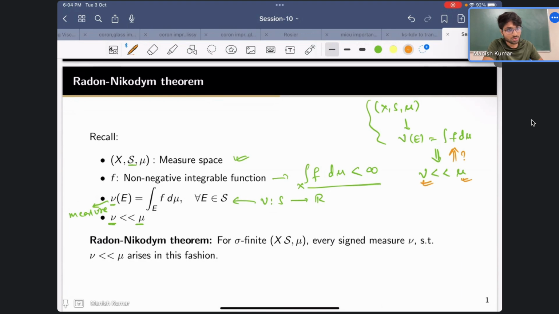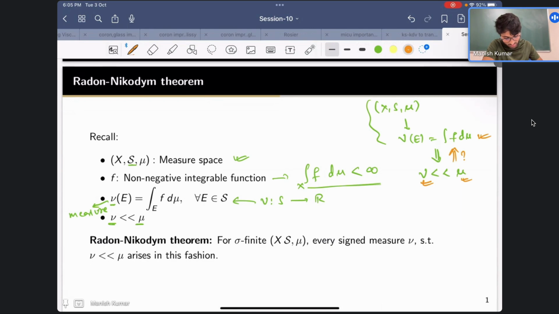The Radon-Nikodym theorem says that in fact it is possible. There will exist some function f such that this will happen, but there is a restriction: the measure should be sigma finite. This is the theorem, not our goal.